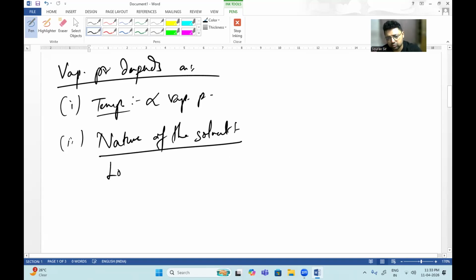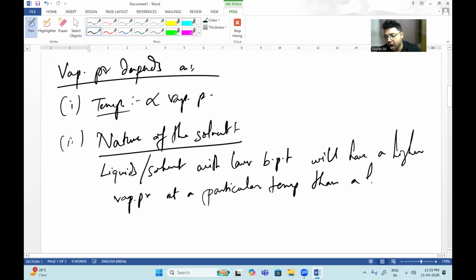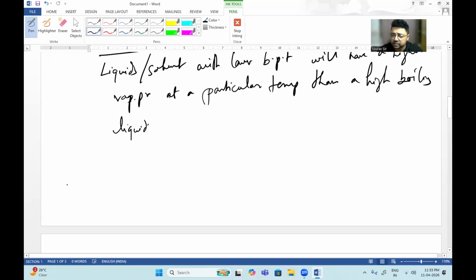So solvents or liquids with a lower boiling point will have a higher vapor pressure at a particular temperature than a high boiling liquid.